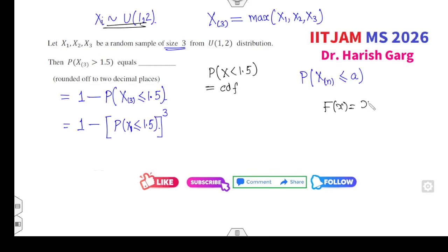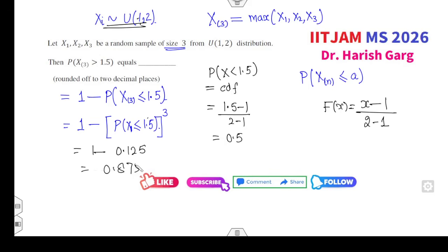It is x minus lower limit divided by range. तो ये आपका कितना हो गया, 1.5 minus 1 over 2 minus 1, which is 0.5. Answer will be 0.5 cube, 0.125. So the answer is 0.875, the correct answer of the problem.